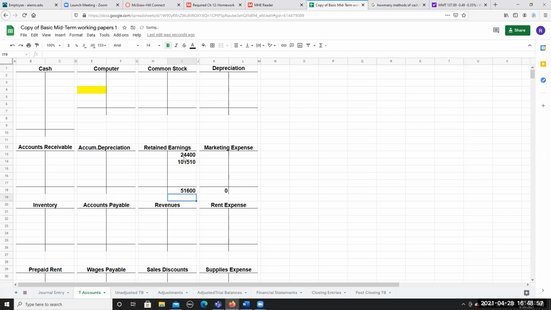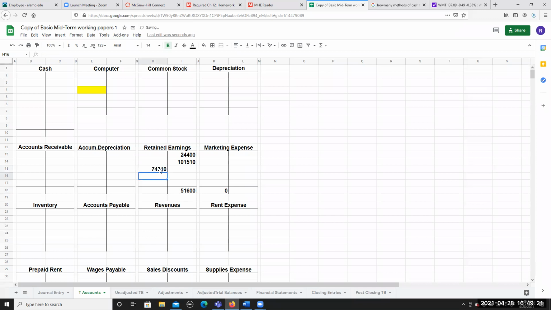So what were the dividends? If you start off with 24.4 and you have this amount of income, how could you get to that? So in your calculators, 24.4 plus 101,510 is 125 minus 51.6. So that had to be that you paid dividends of 74,310.